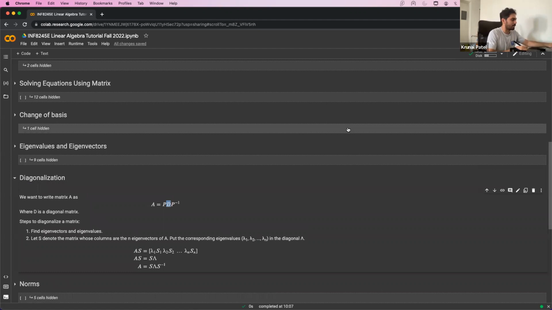So for example, if you have a 3 by 3, then these diagonal entries are non-zero, and every other entry is 0. All of these cross entries are 0, and you only have these diagonal entries.